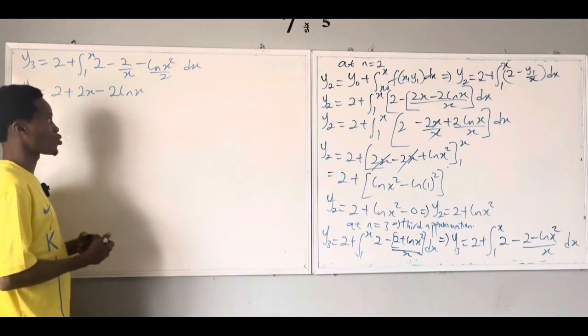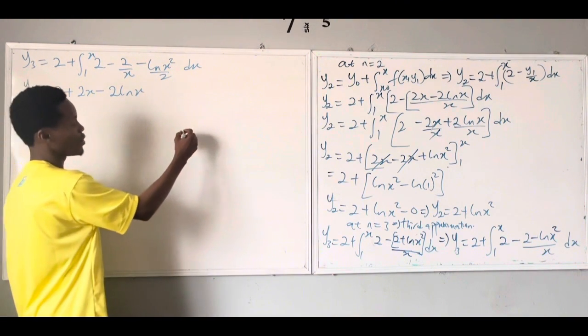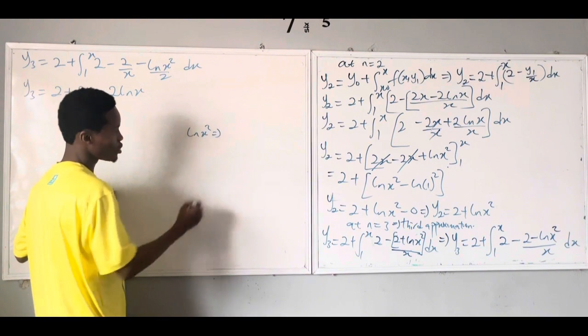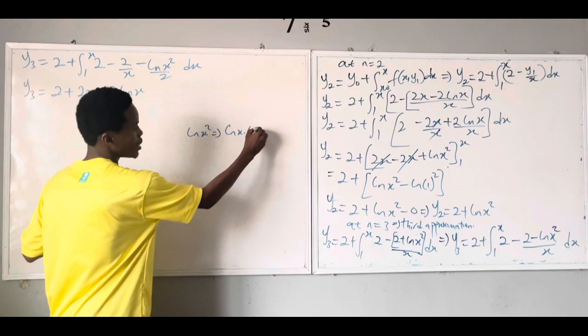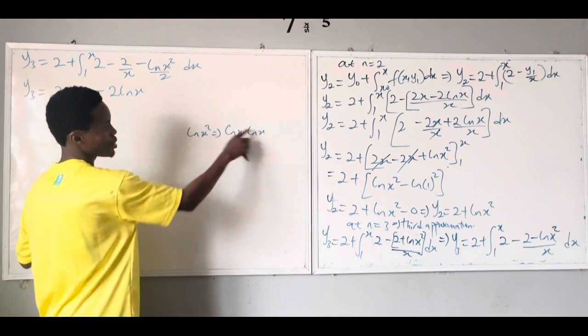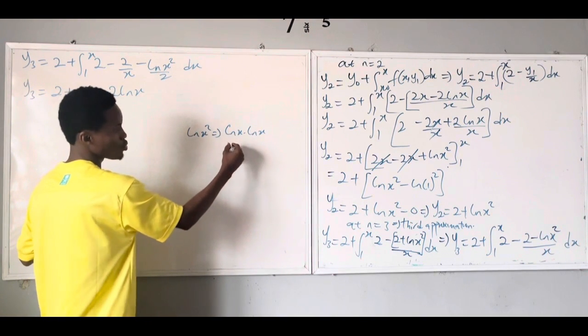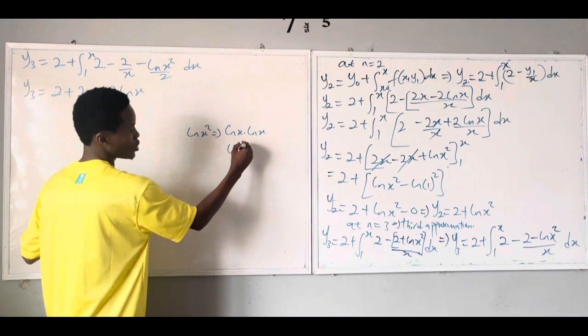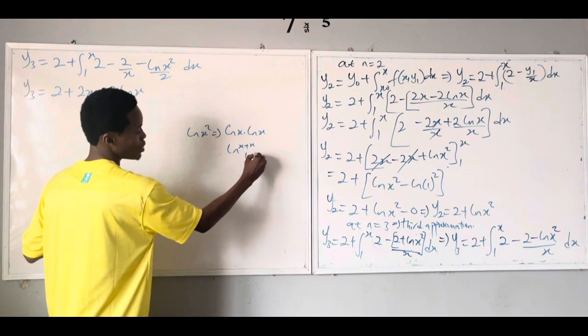Let's use a substitution method to integrate this. If I have ln s square, I can write it as ln s times ln s. Ln s is common between them. I'm going to have ln s squared.